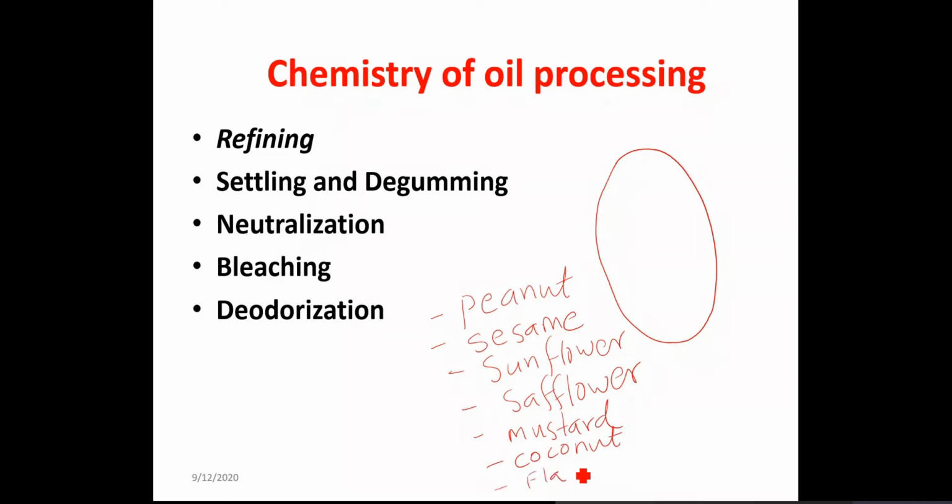Then we have flaxseed. So sesame, sunflower, safflower, and there are others like soya bean, canola, corn. So there are so many types of sources from which oil could be extracted.